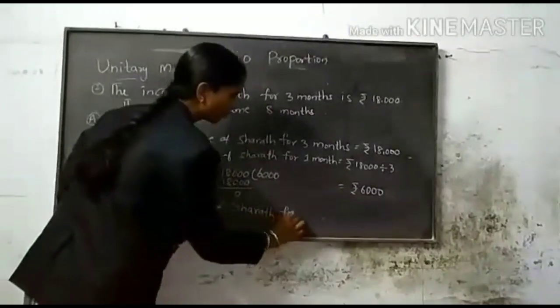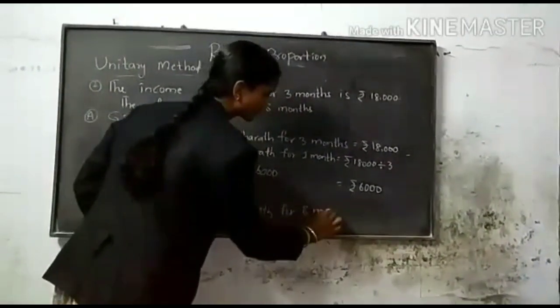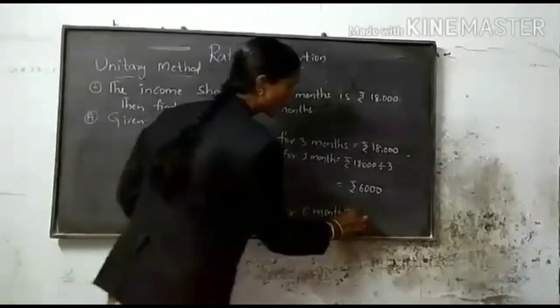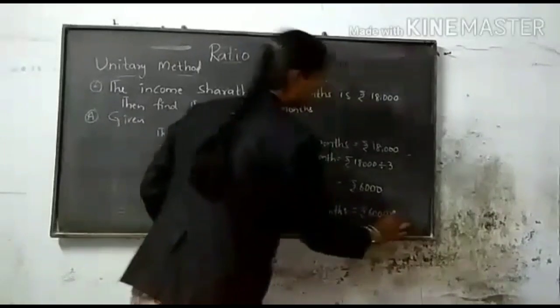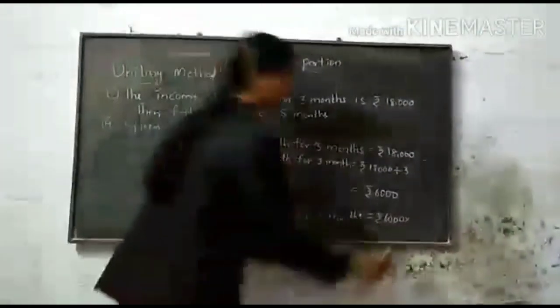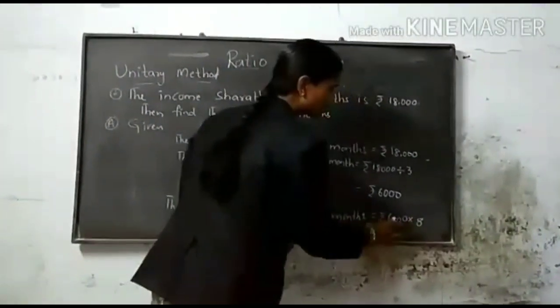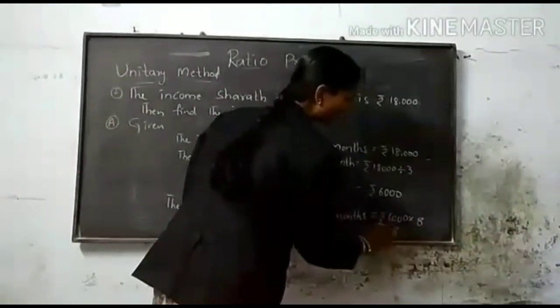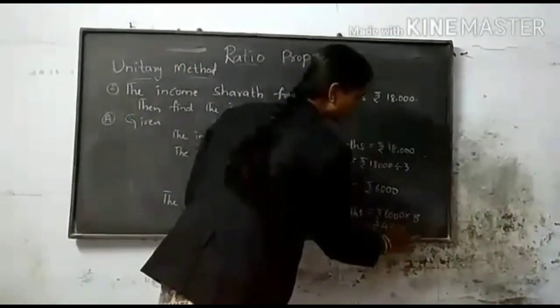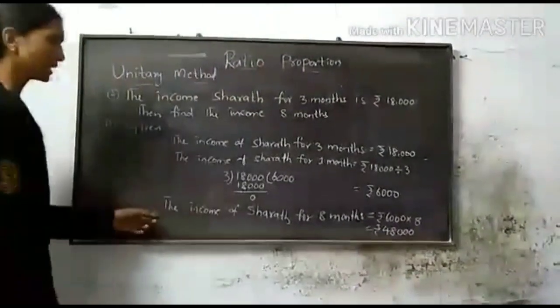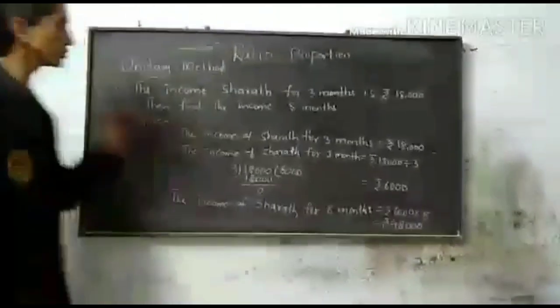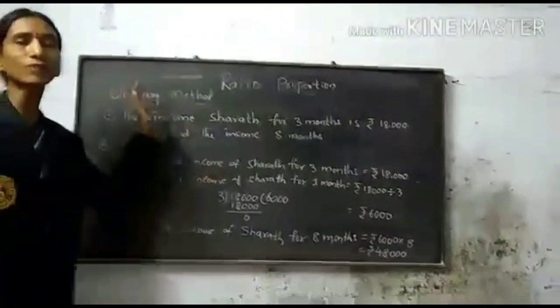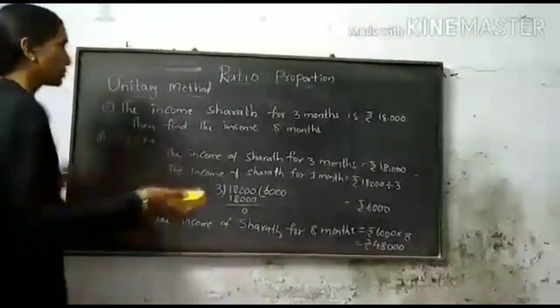The income of Sharat for 8 months is equal to the 1 month salary into the required number of months, 6,000 into 8. 6 eights are 48, with 3 zeros. So the income of Sharat for 8 months is equal to rupees 48,000. Like this we will use the unitary method in our daily life. Now I will give homework problems.